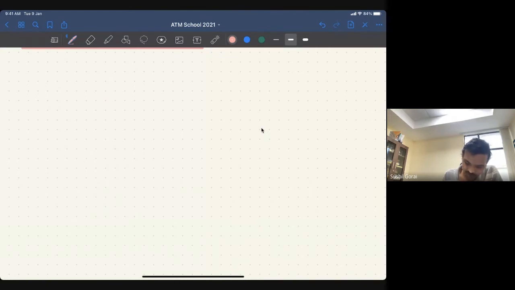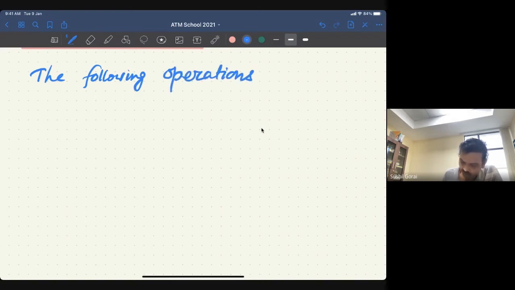Here, the following operations do not change the chain.